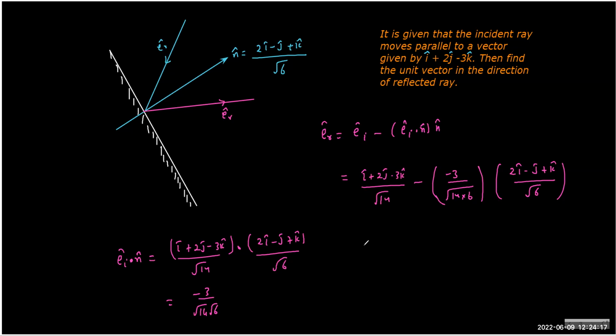So by the way, this will give you root 6 becomes 6. So I can divide by 2, minus 3 into i cap 2j cap minus 3k cap upon root 14.